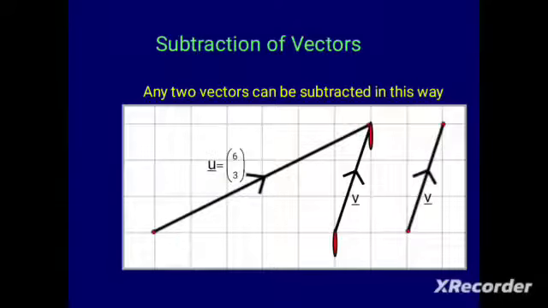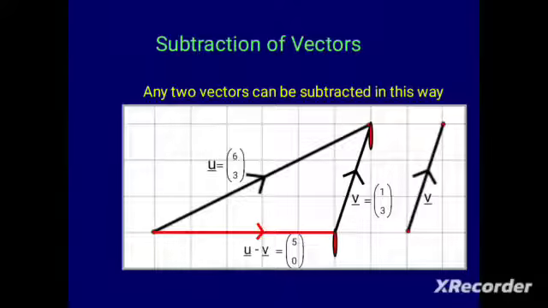Suppose vector u is equal to (6, 3) and vector v equal to (1, 3), then vector u minus vector v will be (5, 0).